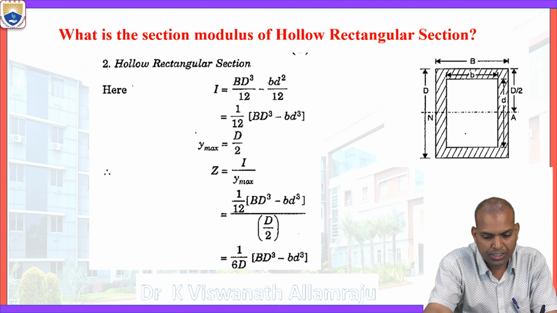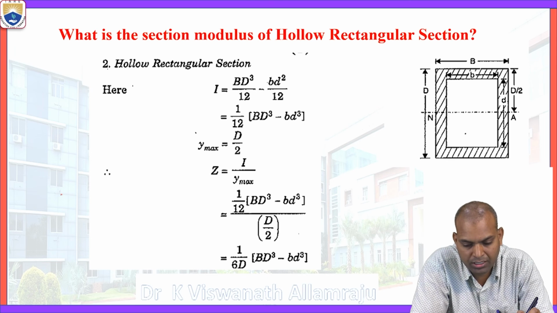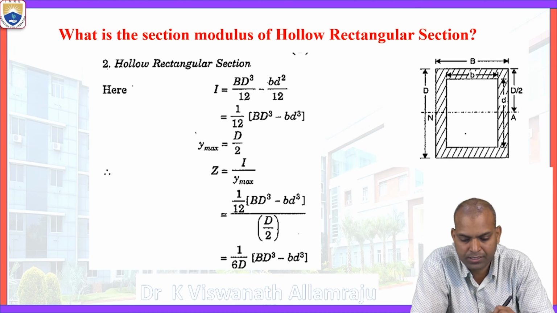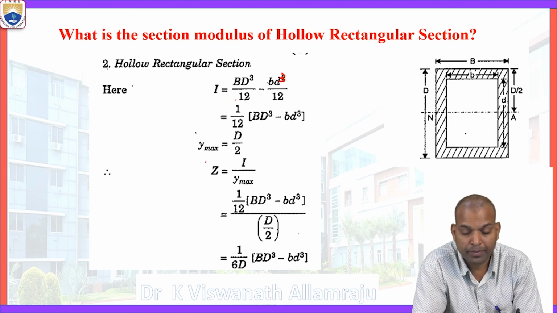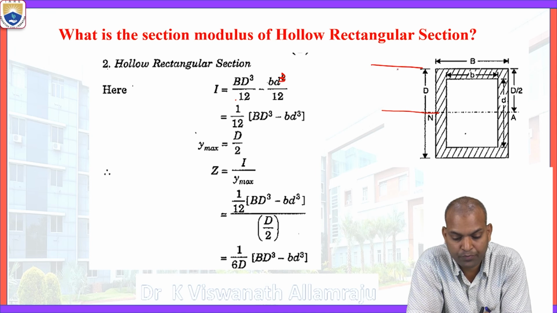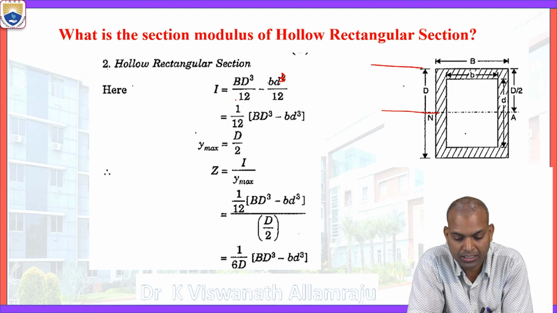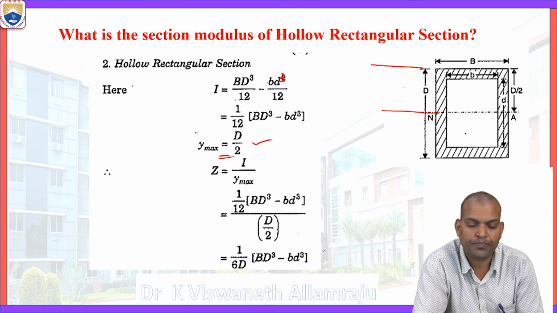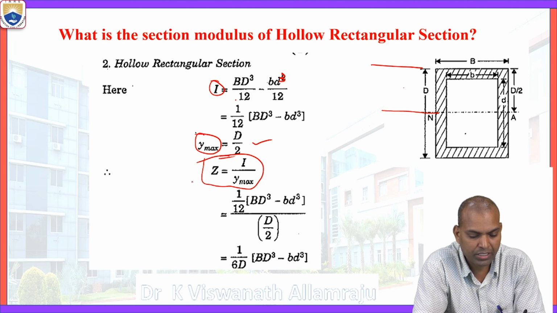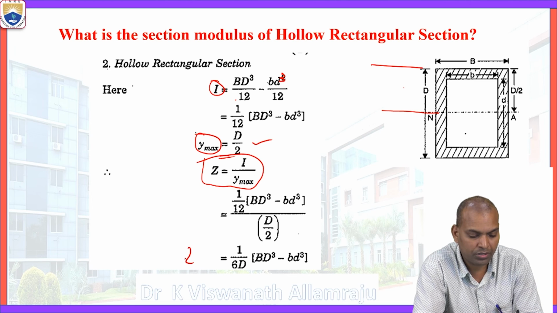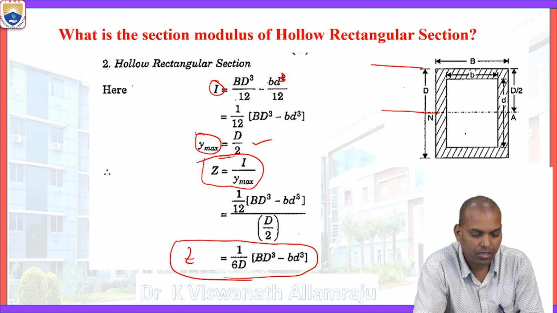If we consider the section modulus of a hollow rectangular section, what is the section modulus? It is capital B D cube by 12, I value, minus small b d cube by 12. And y becomes the distance from the topmost fiber, topmost layer, that is capital D by 2. Substitute I and y maximum in the relation of section modulus, then we can observe the section modulus for the hollow section.